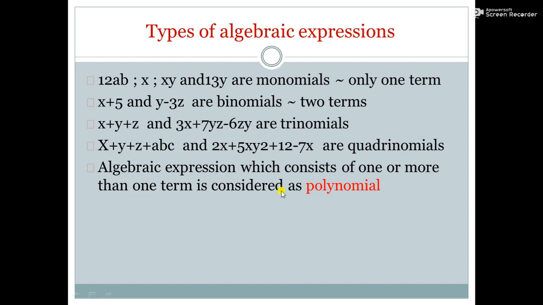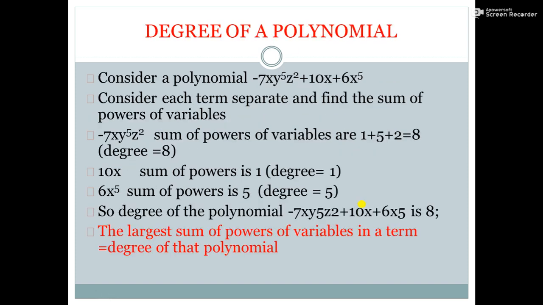And polynomial means all 4 together we can term as polynomial. That means an algebraic expression which consists of one or more than one term is considered a polynomial. All these come under polynomial algebraic expressions. Moving to the next slide.